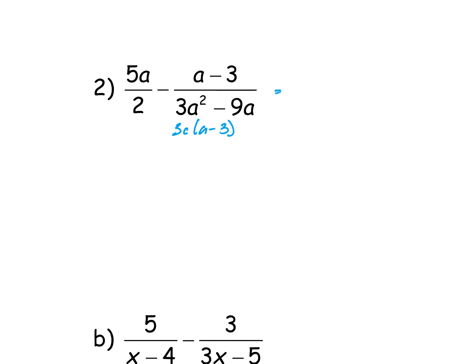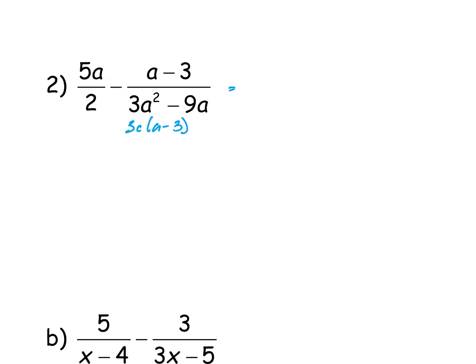If I can simplify the fractions before I add them together, you should do that. So I should get this problem down to be, because I have a 3a in my numerator and an a minus 3 in my denominator, I can simplify it down to be 5a divided by 2, minus, not equals, minus 1 over 3a. Much easier and much simpler fraction, right, to add.